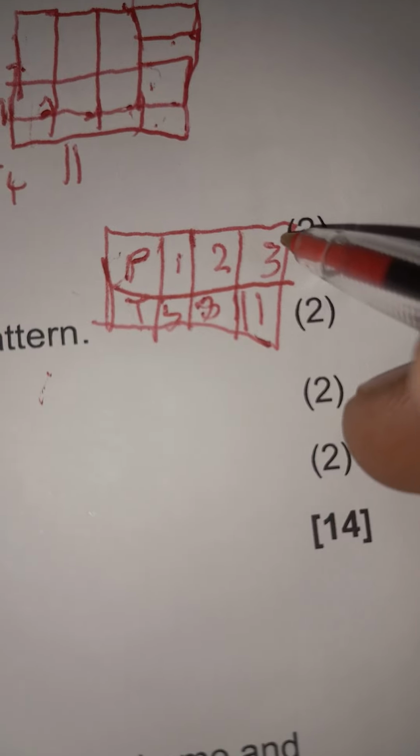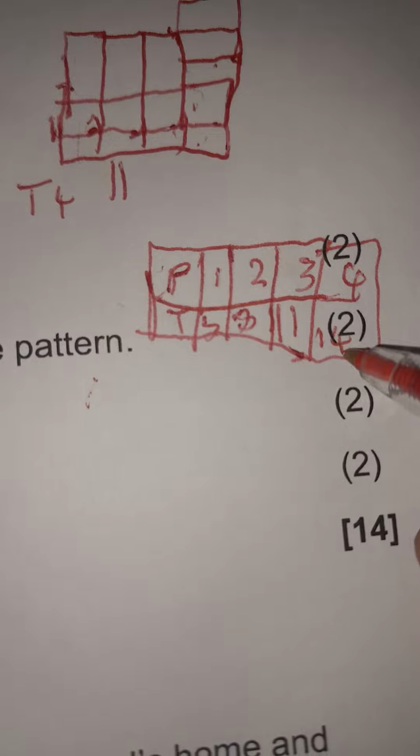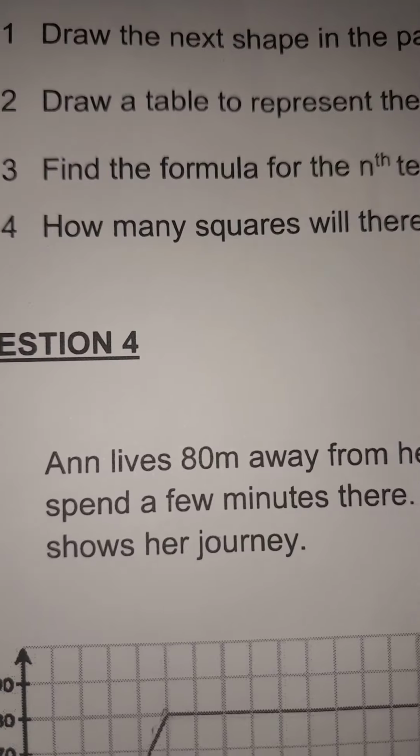At position 3, we have 11. Then at position 4, we have 14. That's how you can draw the table. So it's position of a term: term 1 has 5, term 2 has 8, term 3 has 11, term 4 has 14.